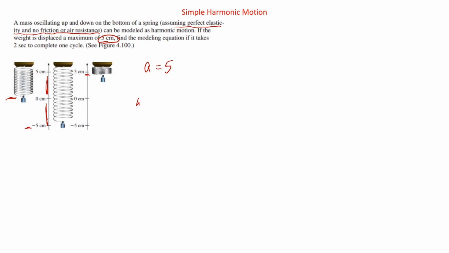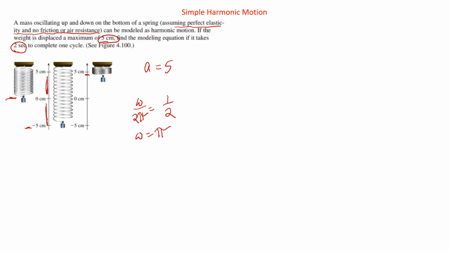So that omega over 2 pi is going to equal 1/2, because we have to find the reciprocal of the time it takes. The reciprocal of the period is the frequency. And so for this, we can multiply by 2 pi and get omega equals pi.